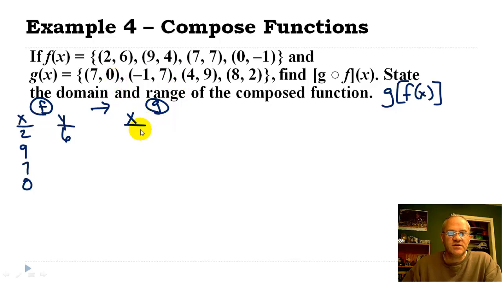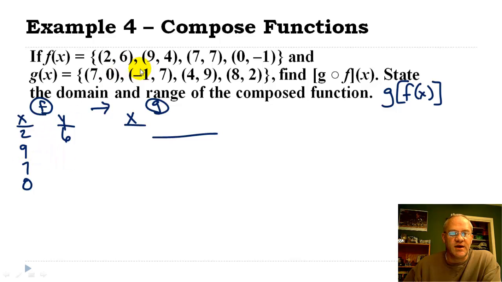I believe that's what they call undefined. Basically, it doesn't work. Since we did not have 6 as an x here, we can't continue, so that will not be included in our answer.